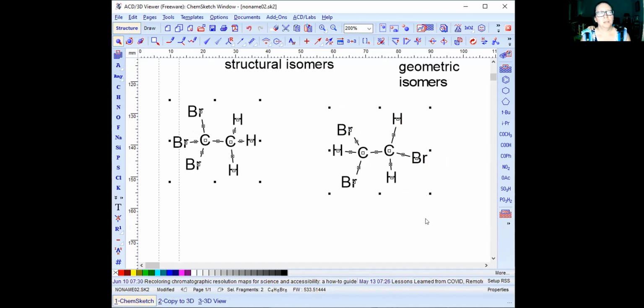Right, so now we're looking at the 2 isomers for C2H3Br3. The one on the left, we have all 3 bromines connected to carbon number 1. And in this case, we have 2 bromines connected to carbon number 1 and 1 bromine connected to carbon number 2. So if we were going to name these molecules, we would name them differently.